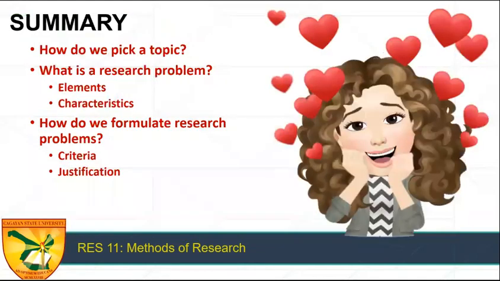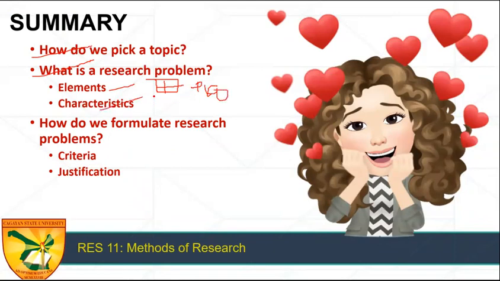In summary, for the whole of your Unit 2.1, you learned how to pick a topic. You learned what a research problem is and its elements. If you remember the box, the 5Ws, and even the PICO or PICOT format, the characteristics of a research problem.